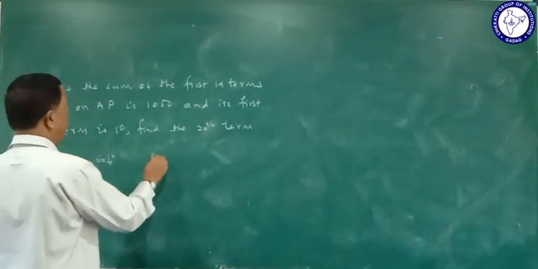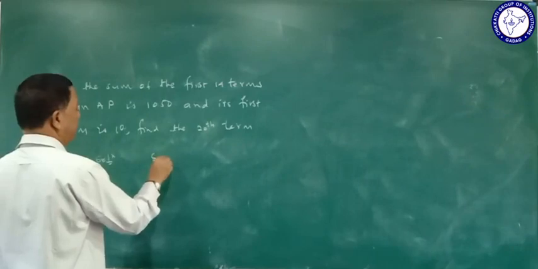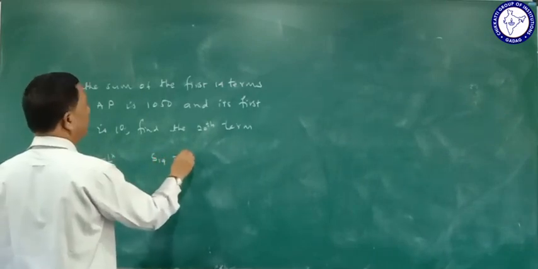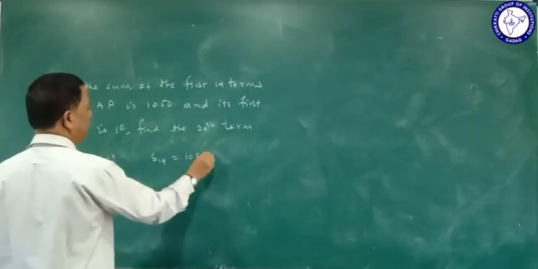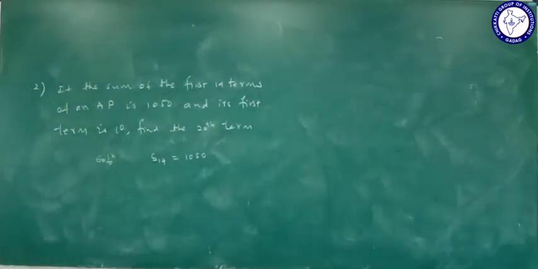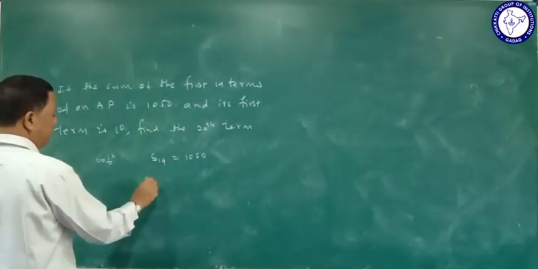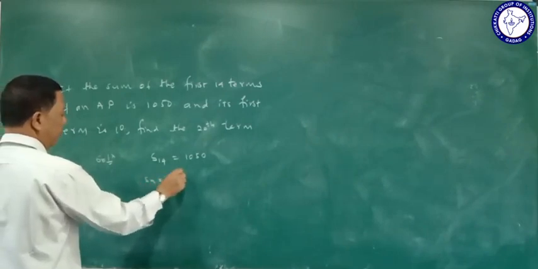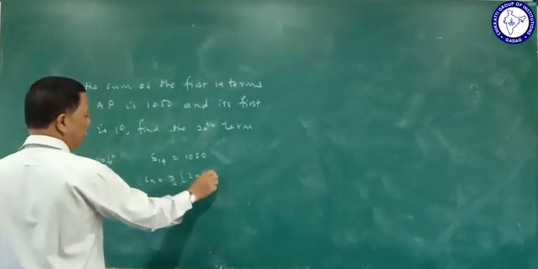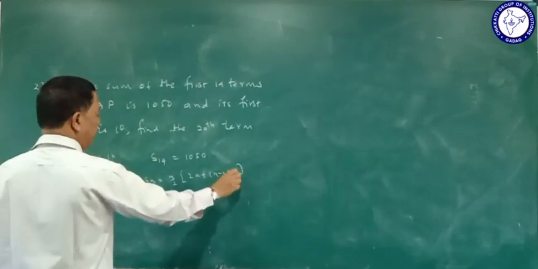So the sum of the first 14 terms is equal to 1050. And what is the formula here? Sn is equal to n by 2 into [2a plus (n minus 1) into d].